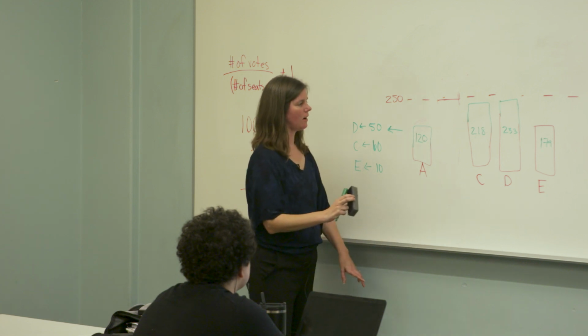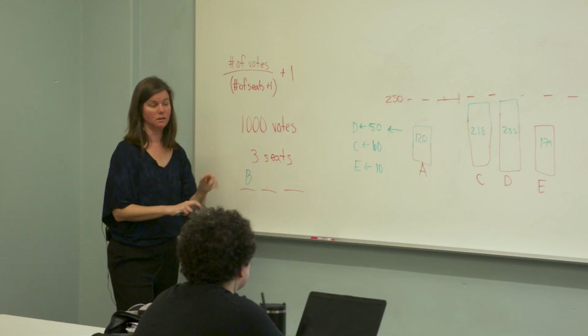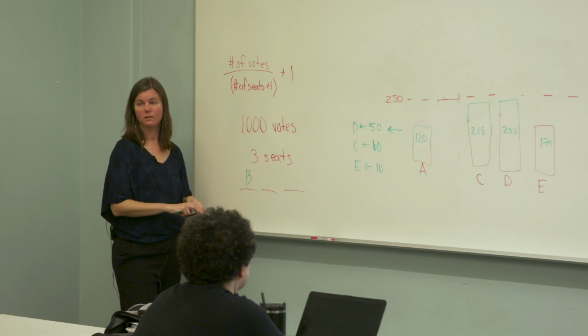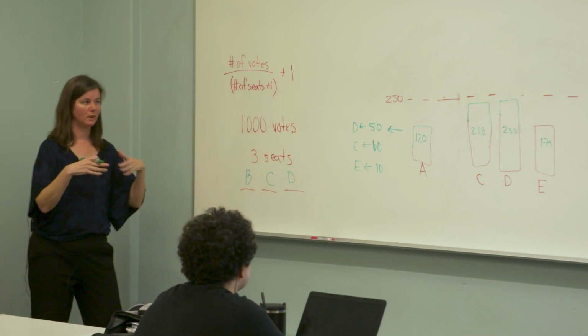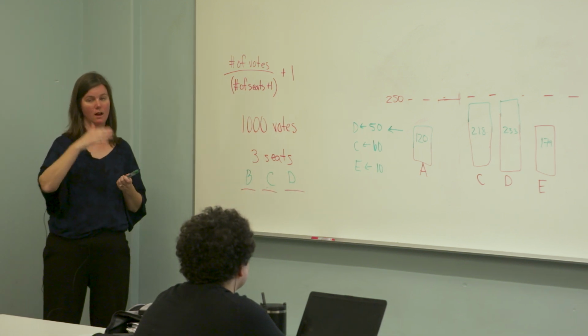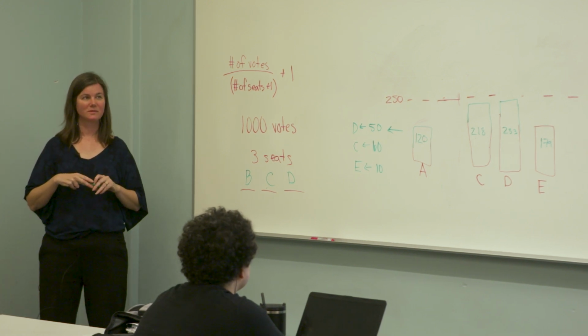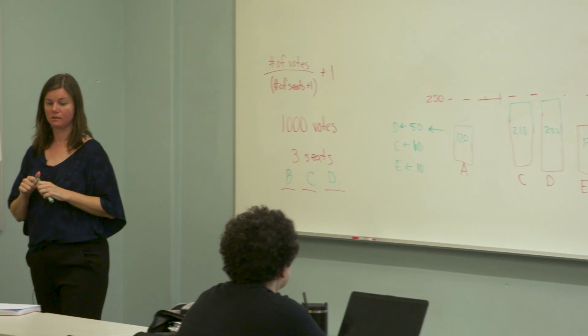Okay, so now C and D are going to be above that threshold, and they're going to fill those last 2 seats. So you essentially keep doing that until you have enough candidates to fill those seats. So it's similar to ranked choice voting, but you've got multiple seats to fill.